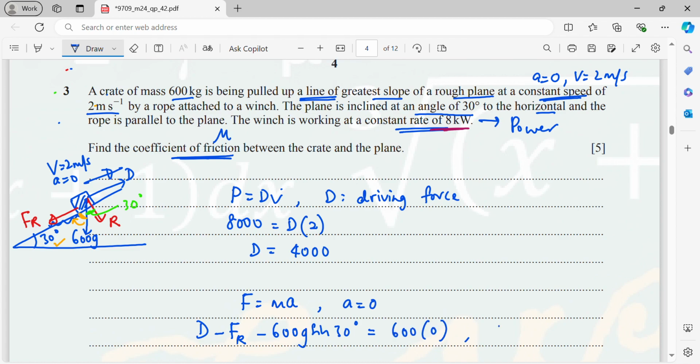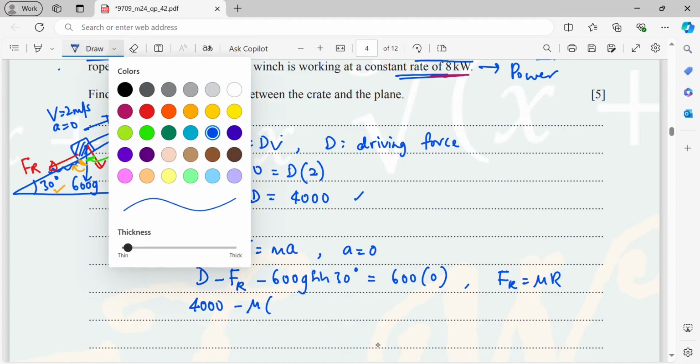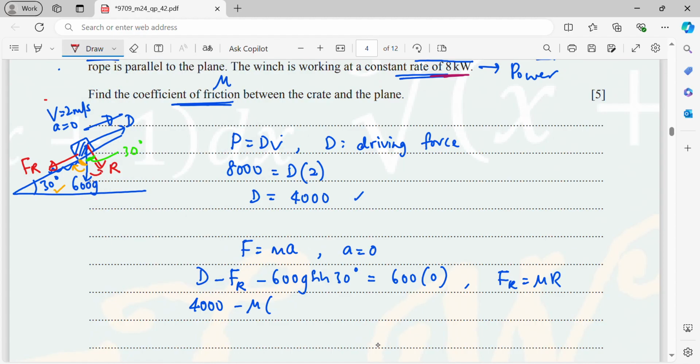Now here your Fr is mu R. Mu is the coefficient of friction that we need to calculate. Then from here, I will say 4000, because the D is already found, minus mu R. The R is basically what you get after you resolve the 600g towards the angle of 30 degrees, the green color.